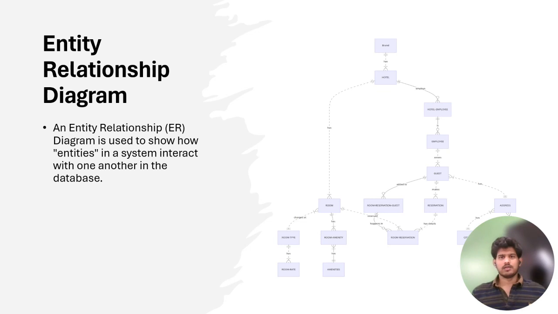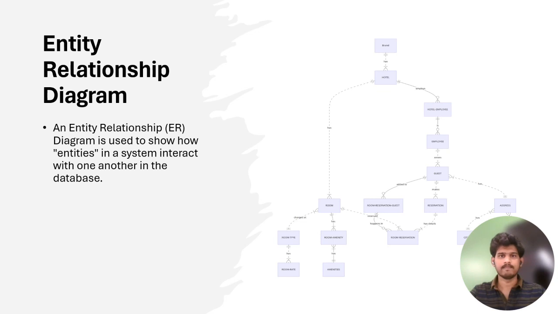Entities are nothing but tables in the database, how they are interacting with each other, and showing the relationship between them. So this is a traditional ER diagram. I'll explain the image in a bigger format.